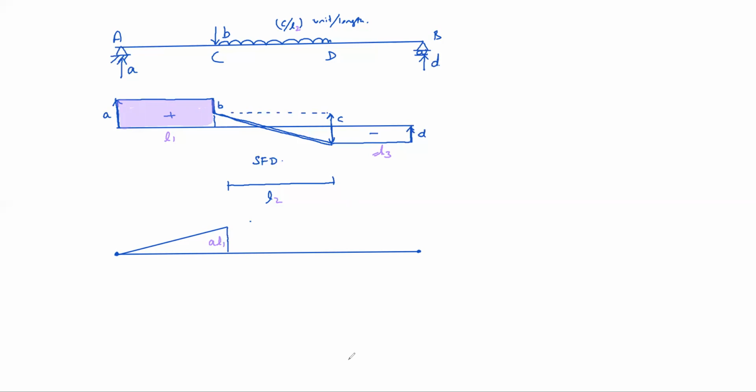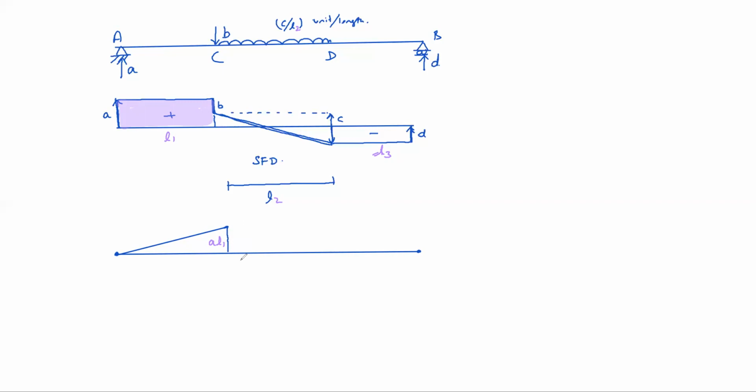If you observe here, there is a sudden change in the shear force diagram at C. That means the slope should suddenly change. That means the slope should decrease, still it is positive. So slope continuity is not there here, because the shear force is dropping.